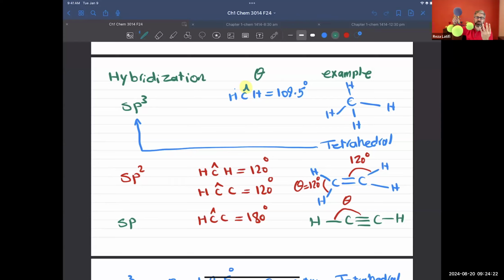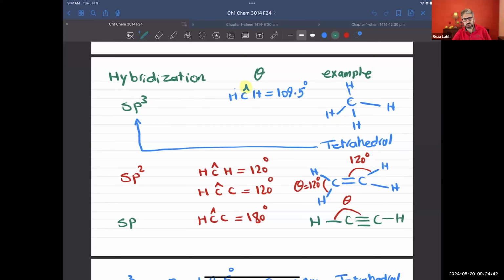We have 4 faces for any tetrahedral geometry or technically a pyramid. The expected bond angle when it's a perfect tetrahedral, this bond angle is bigger than 90 degrees, but it's less than 120, and the bond angle is going to be around 109.